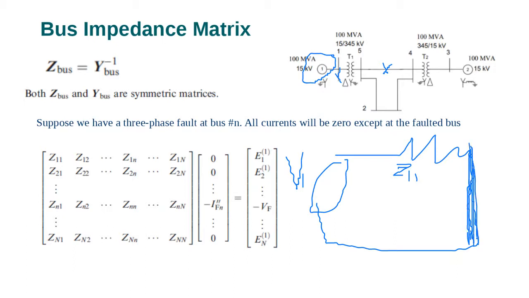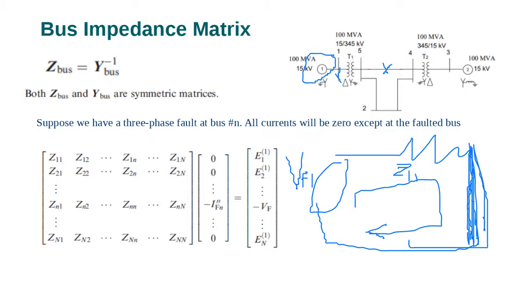That's why we draw this line here, all the way up. So therefore we can find the current here, and this is the fault current. VF, so the fault current at bus number 1, VF at bus number 1. Then how do we find the voltage at bus number 1?